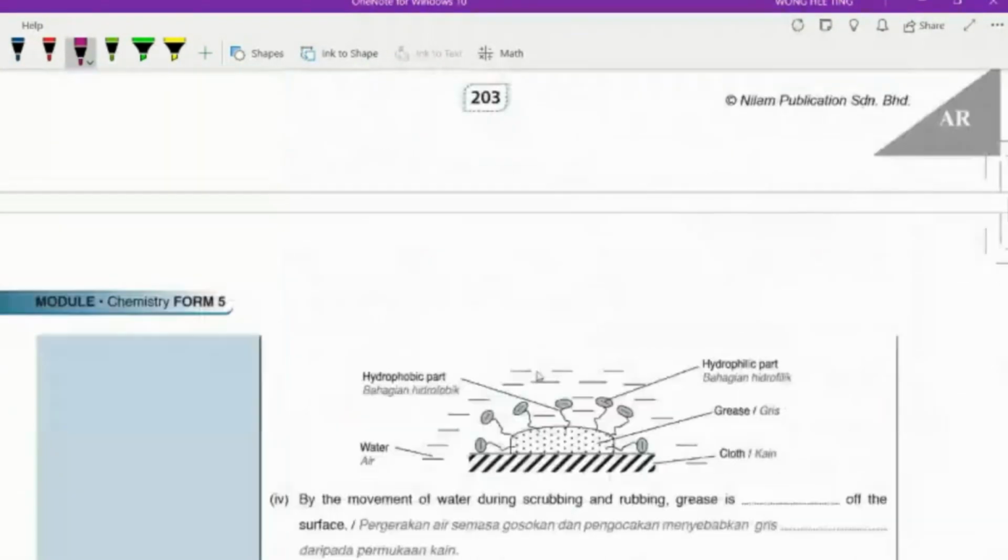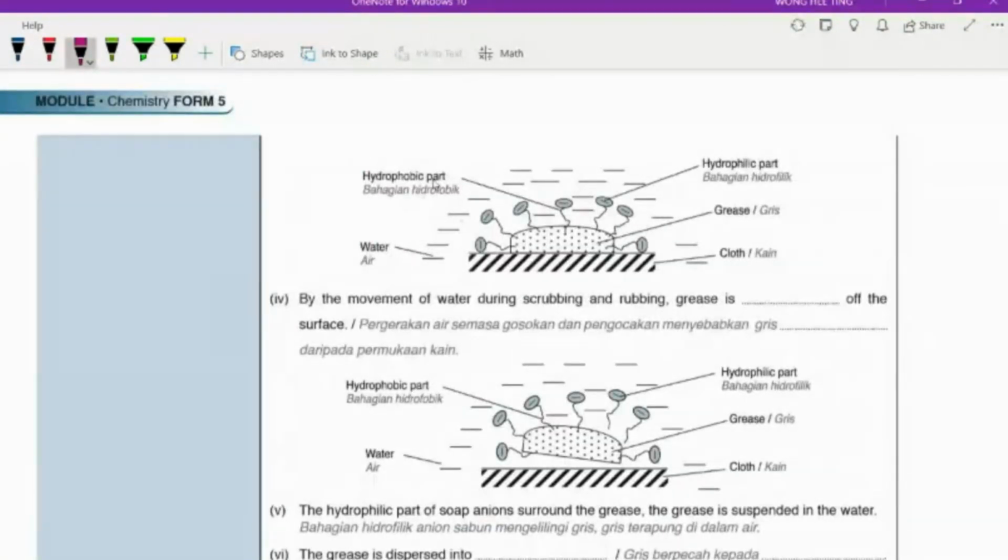The hydrophobic part penetrates into the grease on the cloth, and the hydrophilic part remains in the water. By the movement of the water during scrubbing and rubbing in the washing process, you need to scrub and rub your cloth, the grease is lifted off the surface.